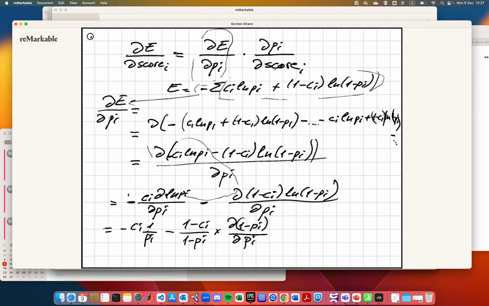Is it correct? Yes. Which on the next step becomes minus ci over pi plus 1 minus ci over 1 minus pi.